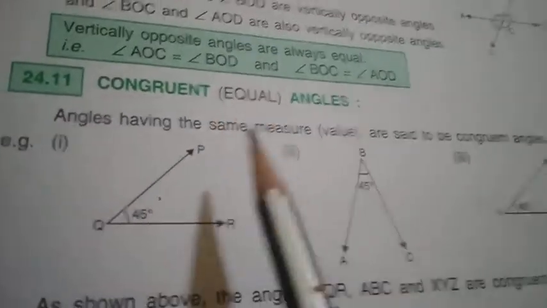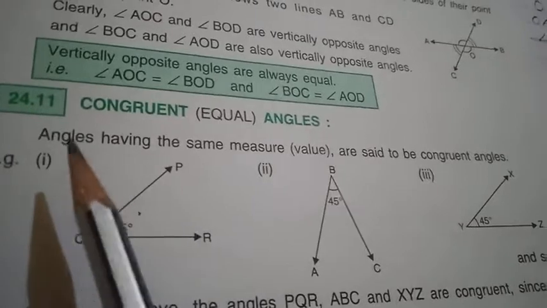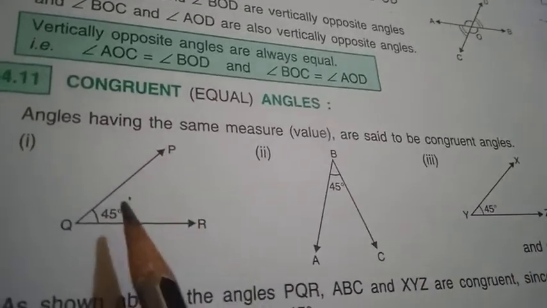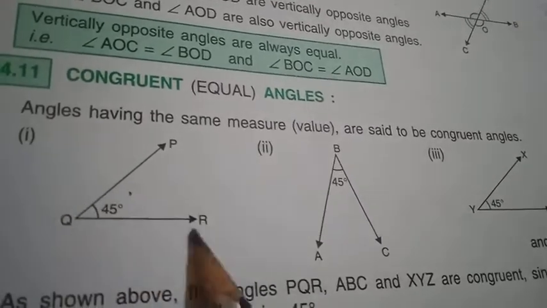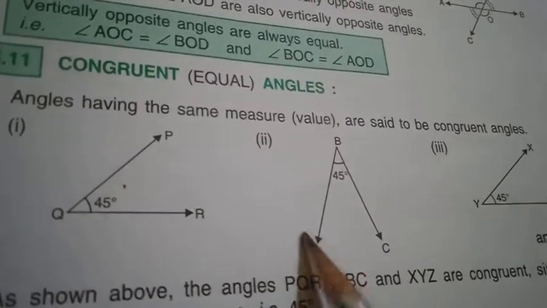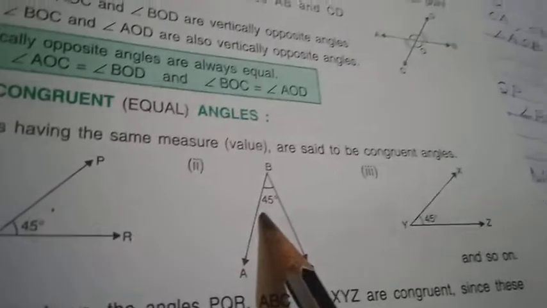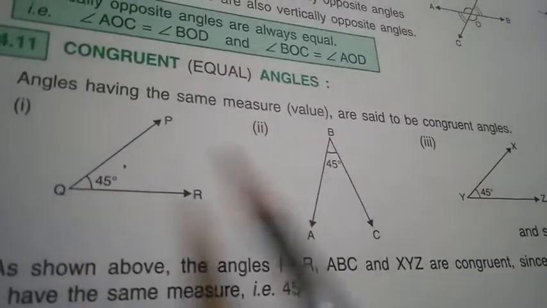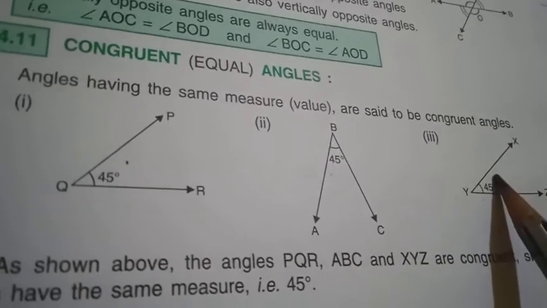Now, congruent angles. Angles having the same measure are said to be congruent angles. Now, in this case, angle PQR is 45 degree, angle ABC is 45 degree, and angle XYZ is 45 degree. So, we say that the measures of all these three angles are equal.